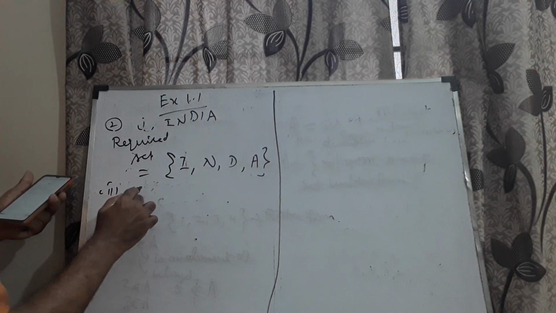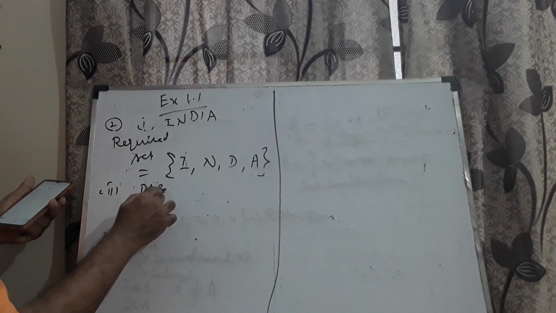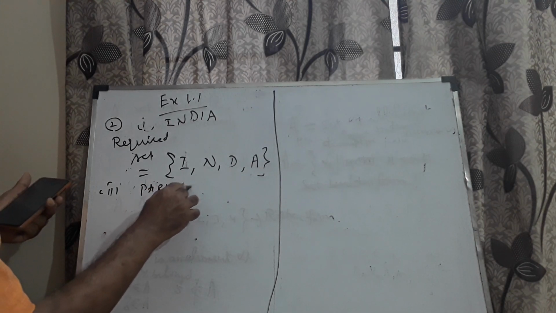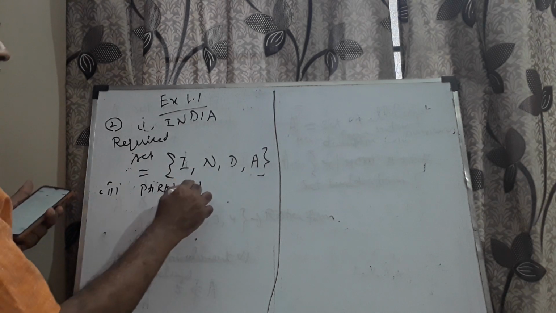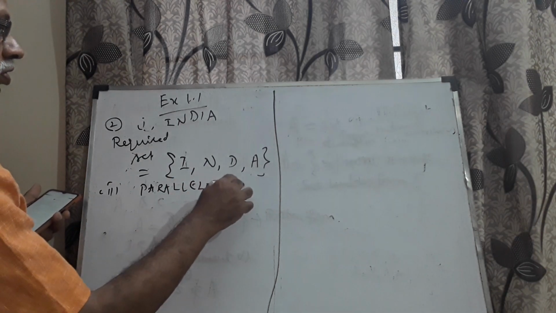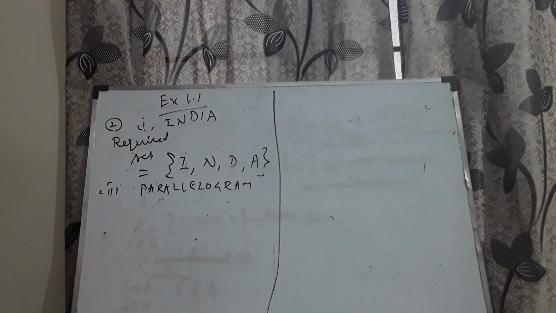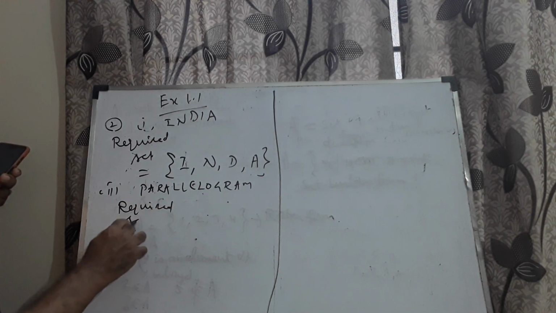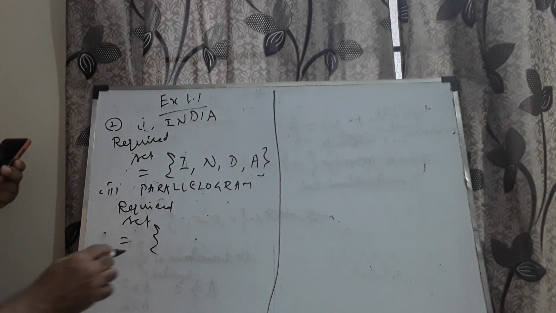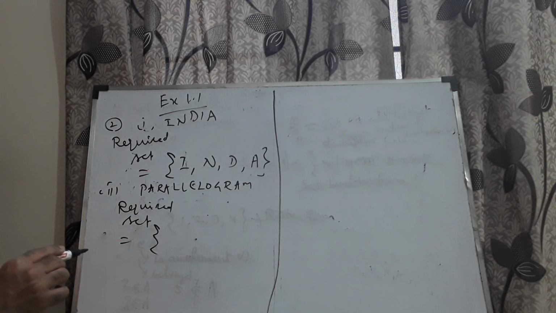Then for the second one, he says parallelogram. P-A-R-A-L-L-E-L-O-G-R-A-M. Just check whether you have spelled it properly or not. Parallelogram. I am supposed to write the set of all letters used to form this word.